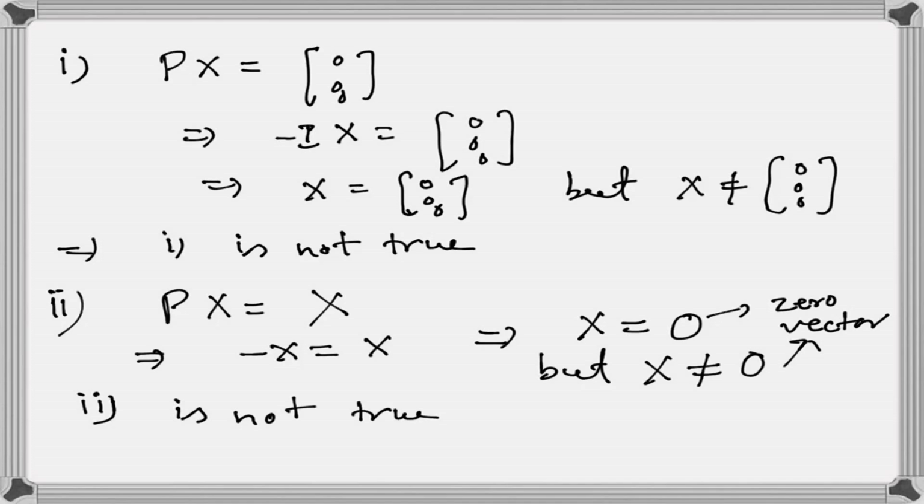Okay, similarly 3 is also not true, because 3 is satisfied only if x is 0. Then the fourth one: Px is equal to minus x.